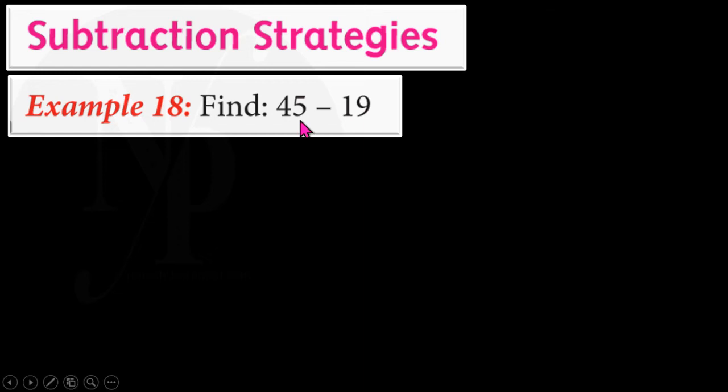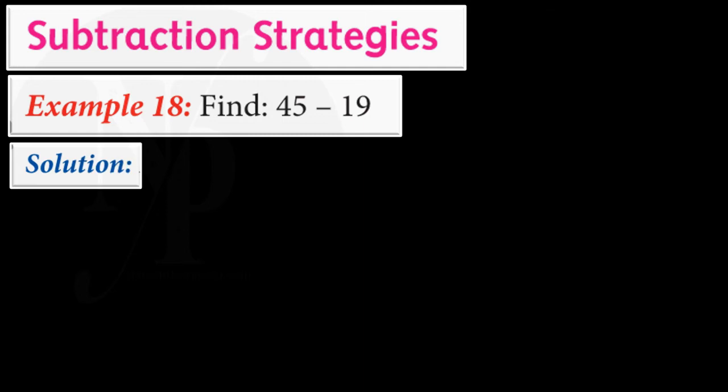So in ordinary subtraction, what do we do? We write down 45 and 19 vertically, one below the other. We subtract. That is ordinary subtraction. Let us see how this can be done using strategies for subtraction. Solution. This subtraction problem can be made easier by making the number 19 as 20.